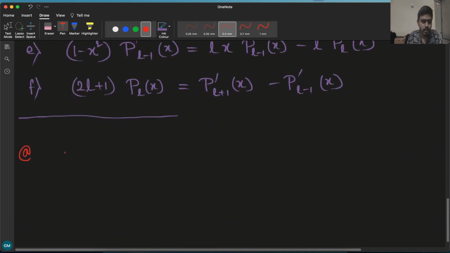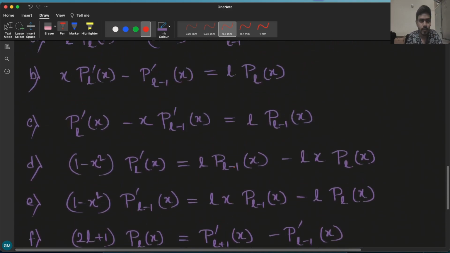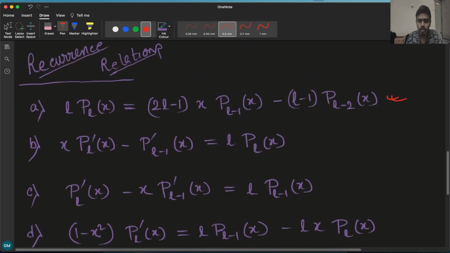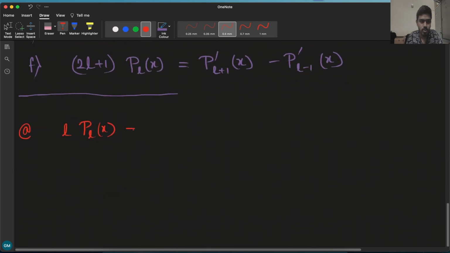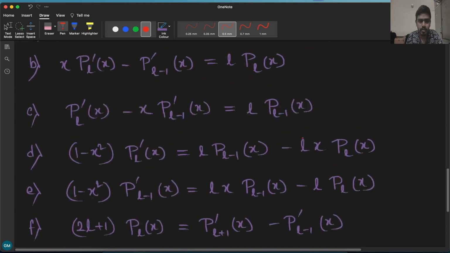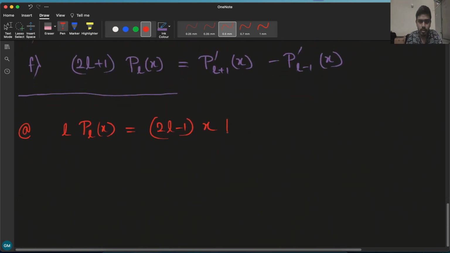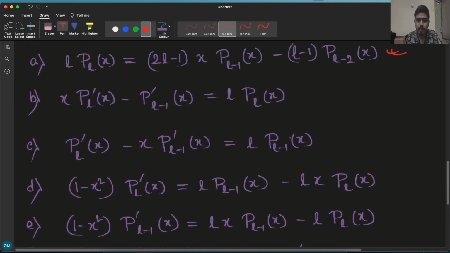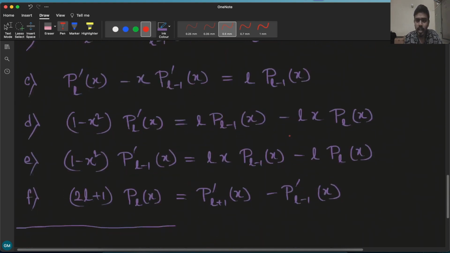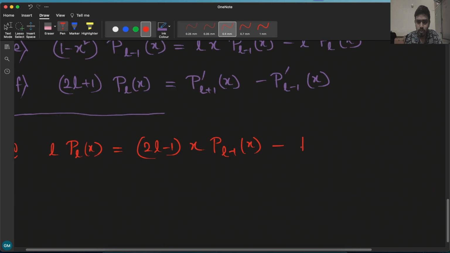It's written that l P_l(x) equals (2l minus 1) x P_(l minus 1)(x) minus (l minus 1) P_(l minus 2)(x).